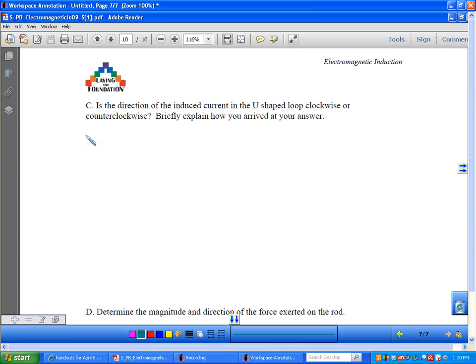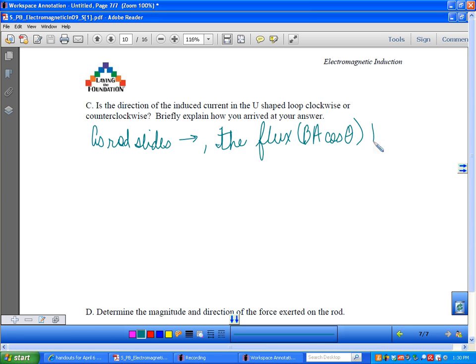So here's how I would explain it. This is not an explanation where you can just put down a couple of words and be good to go. You need to be able to show that you understand what you're talking about. So I would say as the rod slides to the right, the flux is increasing. Okay.